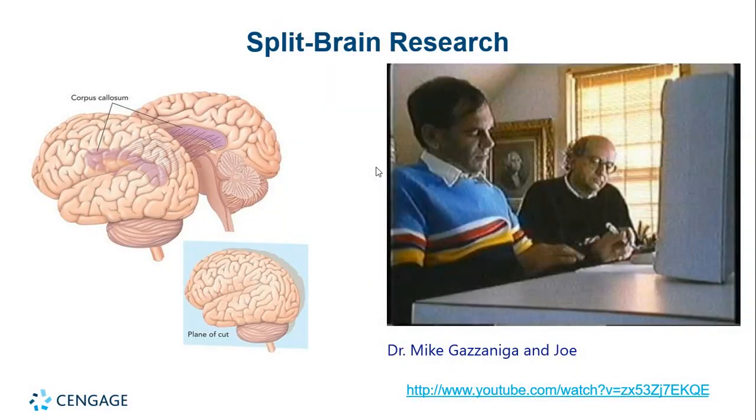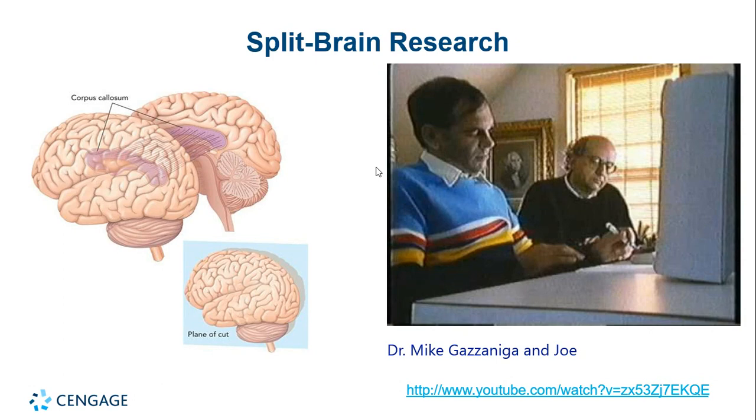Now, when you get a chance, please watch the video that I posted about split brain research. In this video, you're going to see Dr. Mike Gazzaniga, who is a brain specialist, and he specializes in determining the differences between what happens in the left brain versus the right brain.